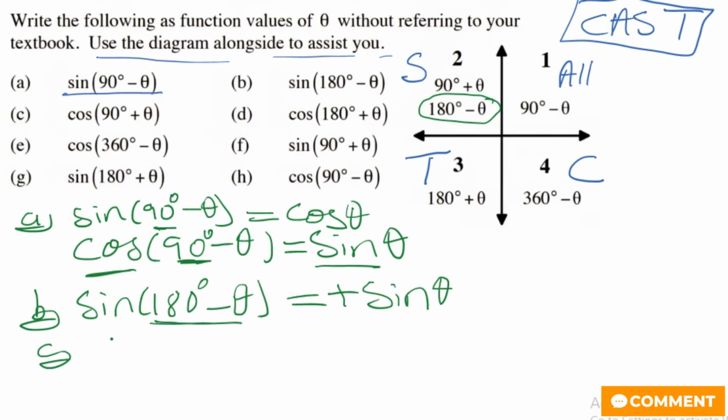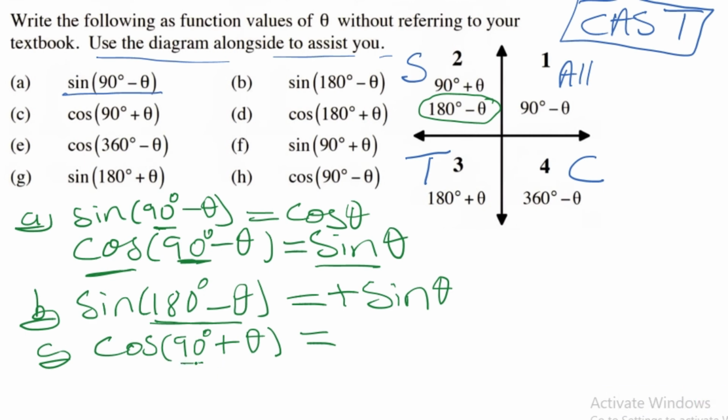On C, we are having cos of 90 degrees plus theta. All right. So we spoke about the co-ratios. We said if it is 90, it must change the ratio. So we need to check where we have got 90 degrees plus theta.